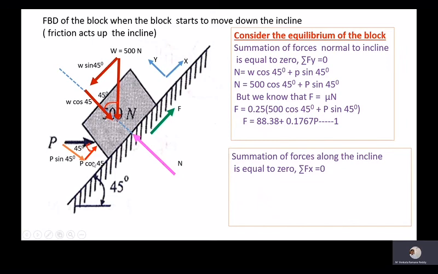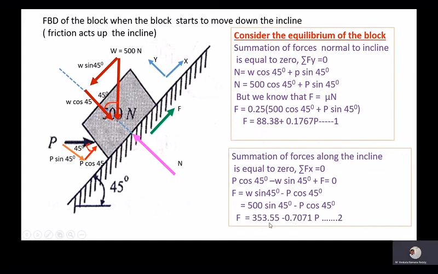Then P cos 45 minus W sin 45 plus F is equal to 0. Then F is equal to W sin 45 minus P cos 45. Substitute the W value, that is 500 newtons, and simplify. Then F is equal to 353.55 minus 0.7071 P. This is the second equation.